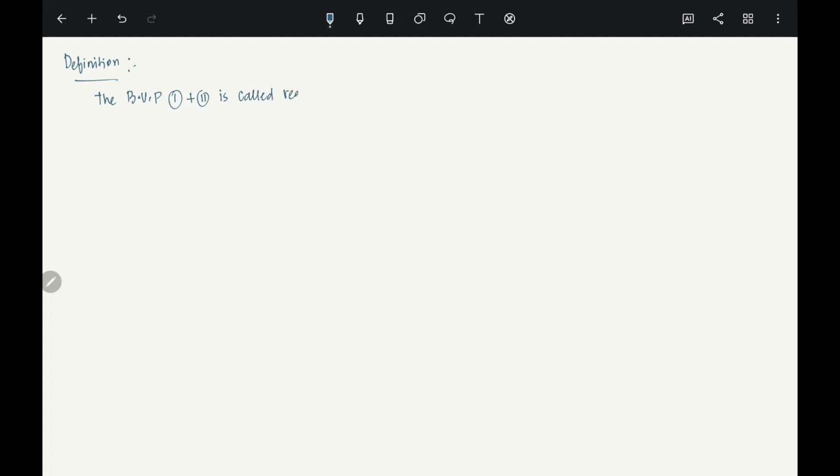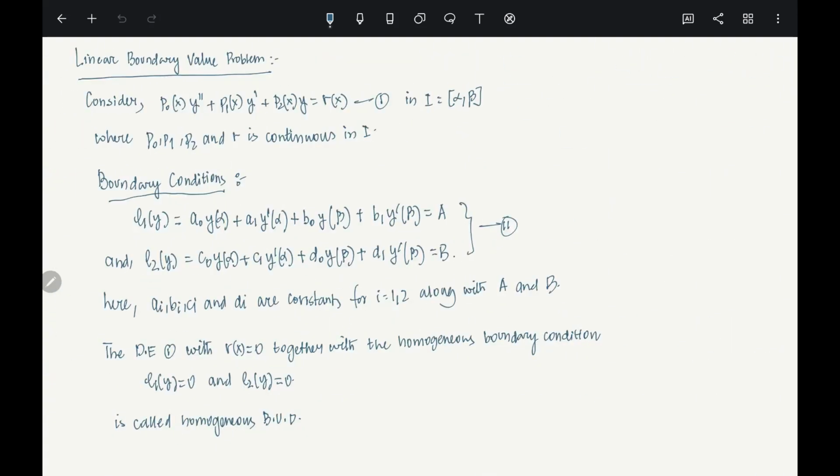It's called regular if alpha and beta are finite. If alpha and beta are finite, you see this interval alpha beta, that should be finite.